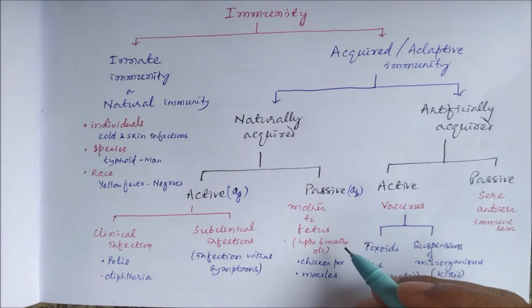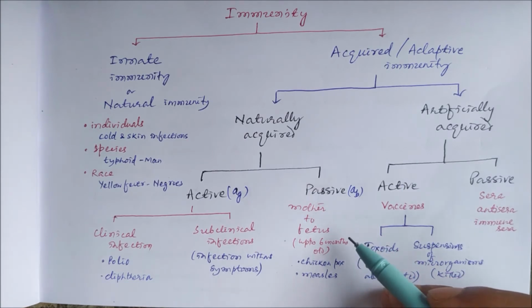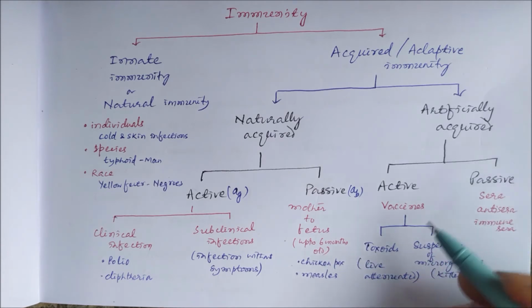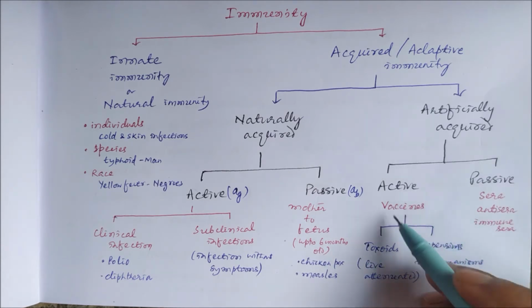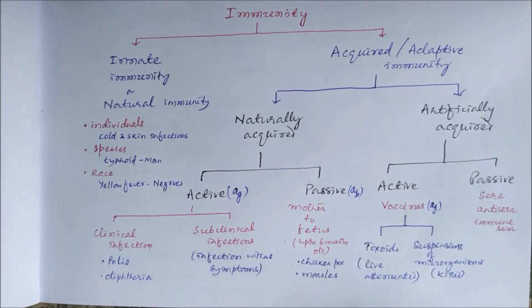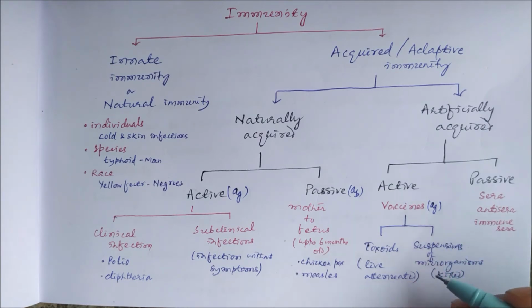So the vaccination program is there, so that after 6 months the child can develop his immunity, and for that we administer vaccines. Vaccines are nothing but forms of antigen, and they can be bacteria or virus. They can be either live attenuated or killed. Live attenuated forms of vaccines include toxoids, and killed forms are in the form of suspensions of microorganisms.